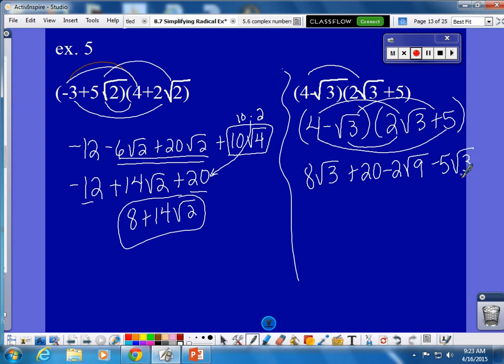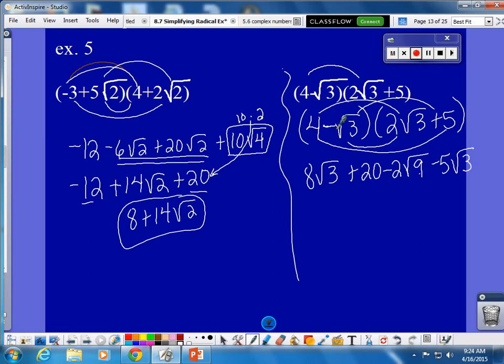Alright, copy it and let's look back over it. Where did your negative go on the first one? When I multiplied 2 times negative square root of 3... I'm getting lost here. 8, 20, -2 square roots of 9, okay, and then -5 square roots of 3.